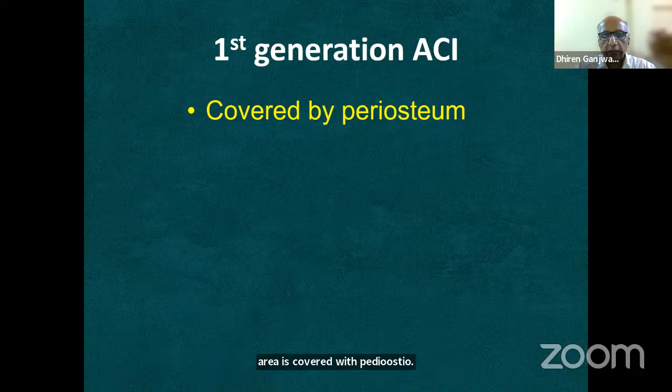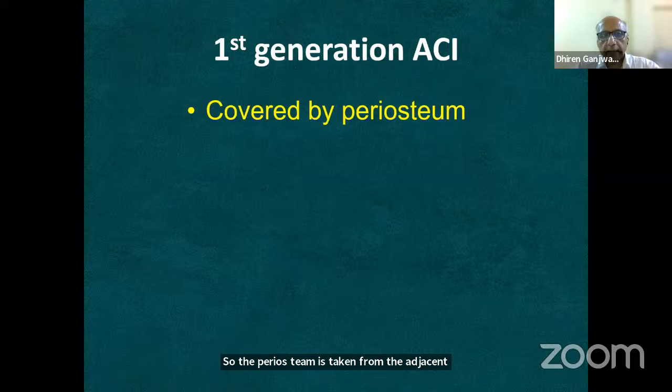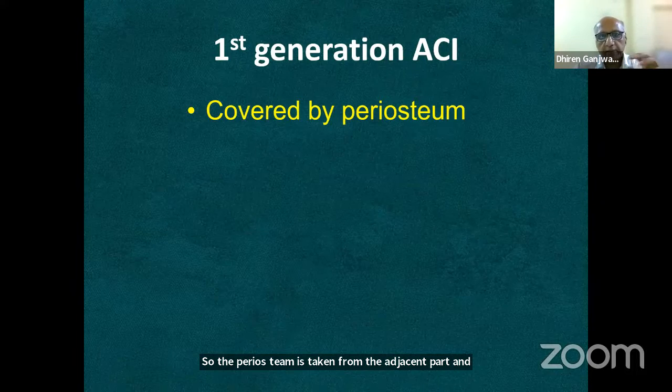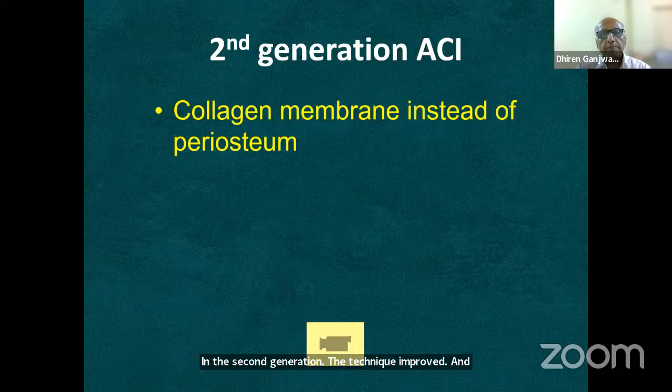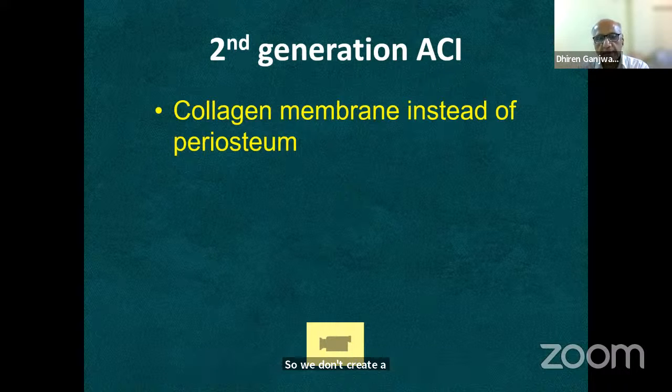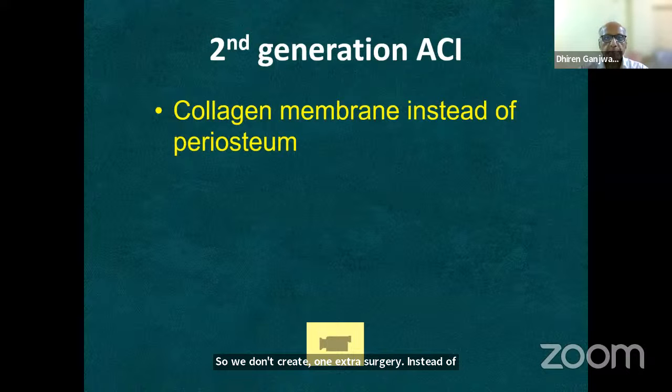The periosteum is taken from the adjacent part, and then the defect is covered. In the second generation, the technique improved, and instead of periosteum, a collagen membrane is used. So we don't create one extra surgery.